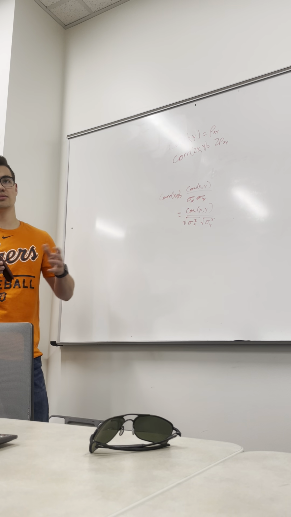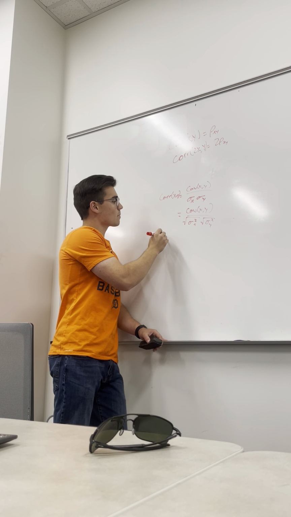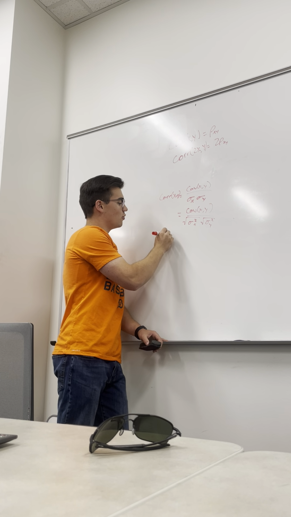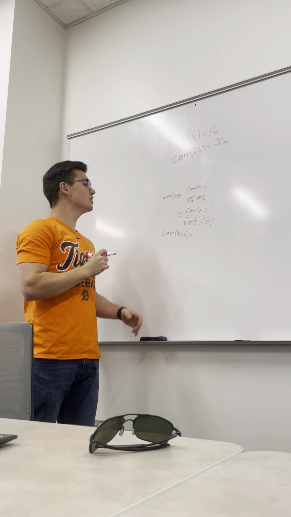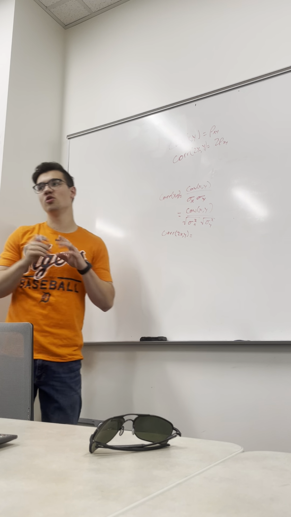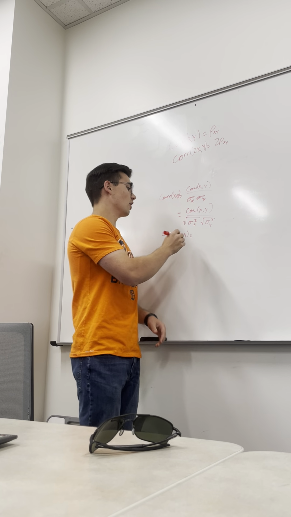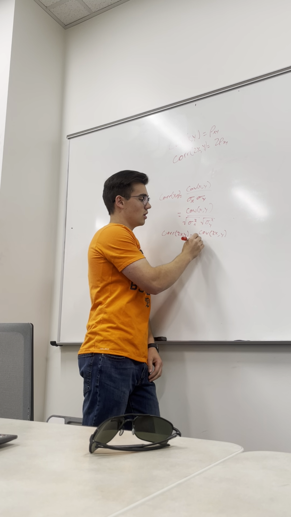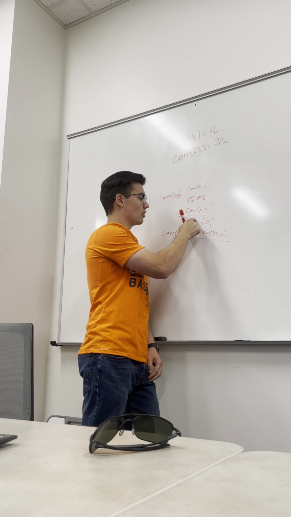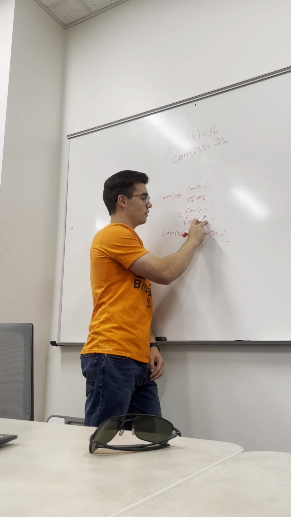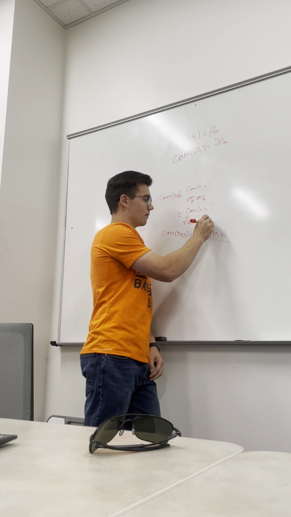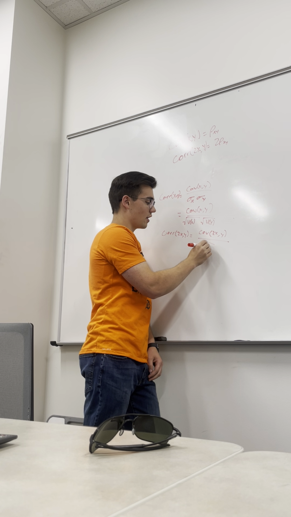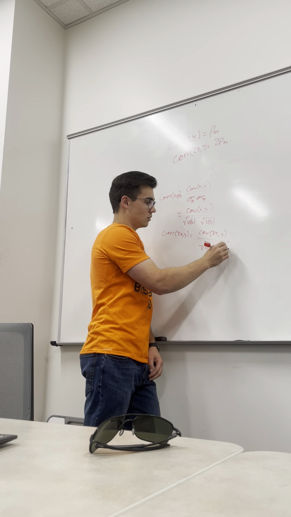So if we look at the correlation of 2x and y, we need to replace x with 2x everywhere that x pops up. So we're going to have a covariance with 2x in it, and I'm actually going to rewrite this as well: variance of x and variance of y. Then we're going to have the square root of the variance of 2x and the variance of y.